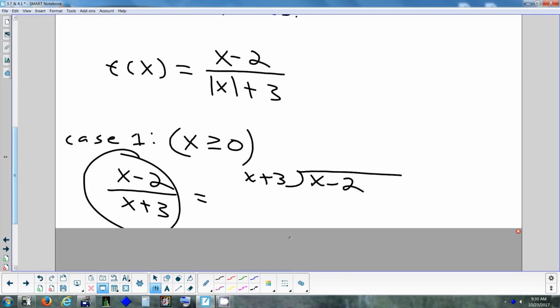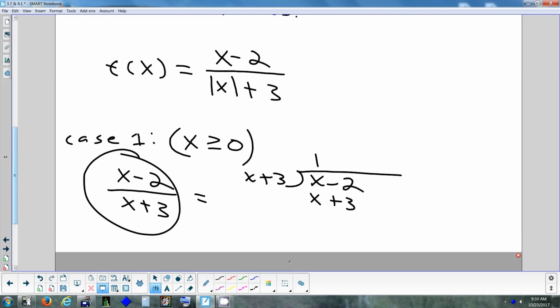How many times does x go into x? Once. Multiply it back out: x, 3. And then what do we do with the columns when we do long division? Subtract them. So x minus x cancels. Negative 2 minus 3 is negative 5. And I'm done. That's my remainder.